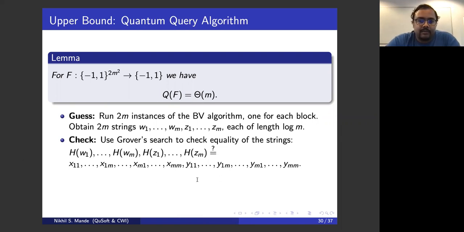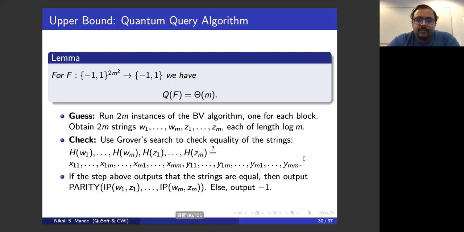And it turns out that this boils down to just looking at equality of two m² bit strings. And this can be done using Grover search. And if the check phase succeeds, so if the check phase tells you that yes, all of the blocks were indeed Hadamard code words, then output the parity of the inner products of each of the blocks of the relevant variables, else minus one.